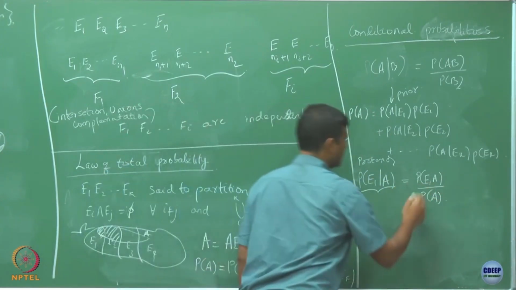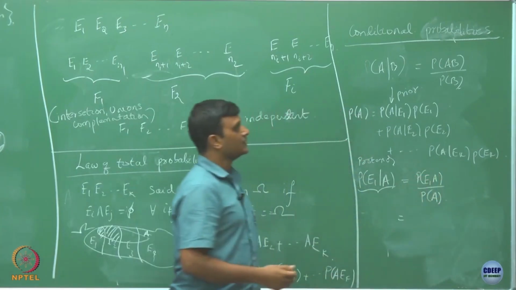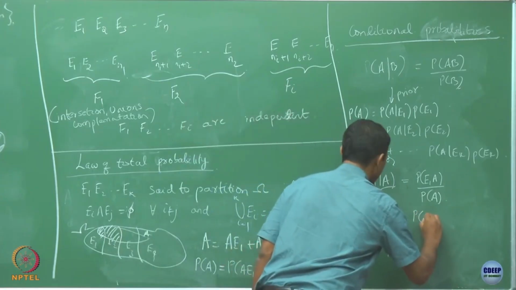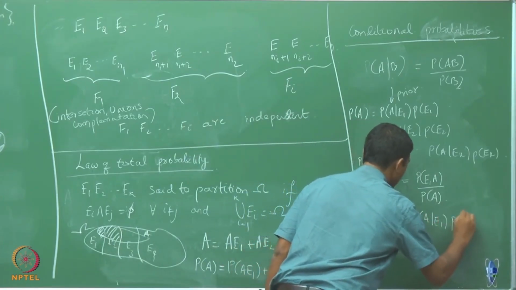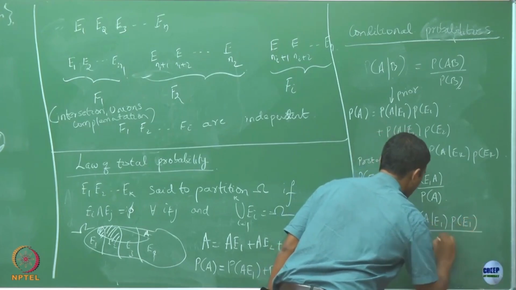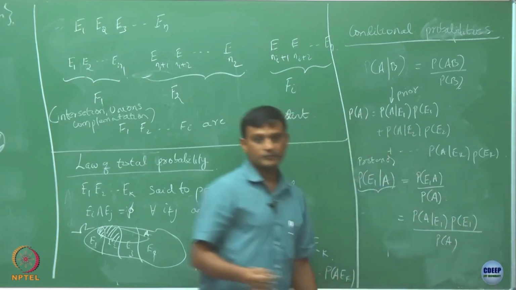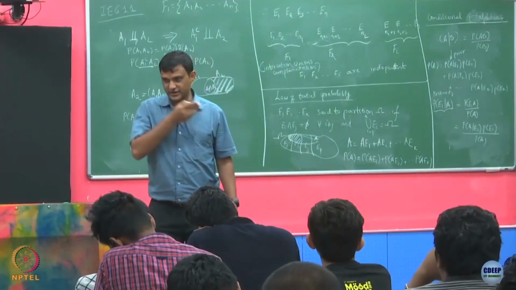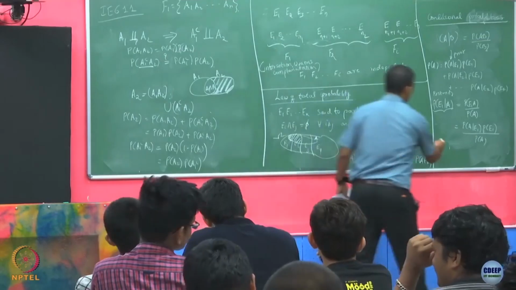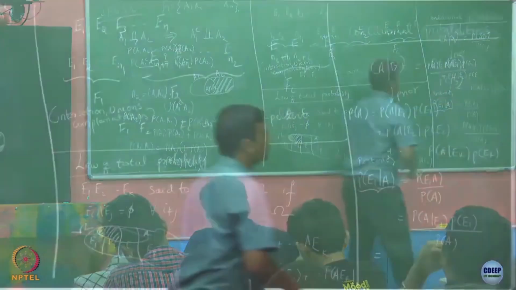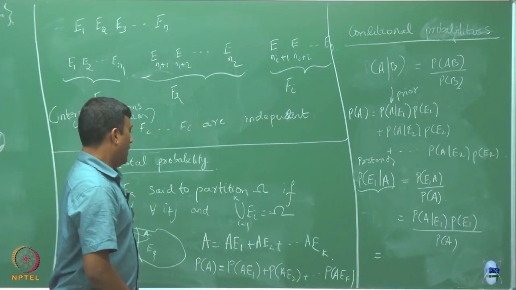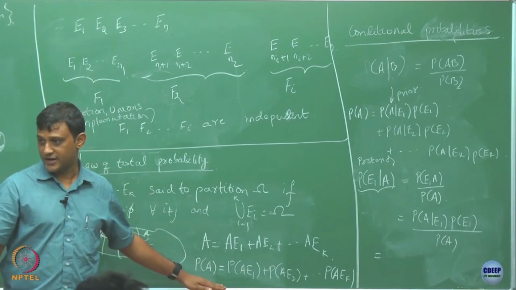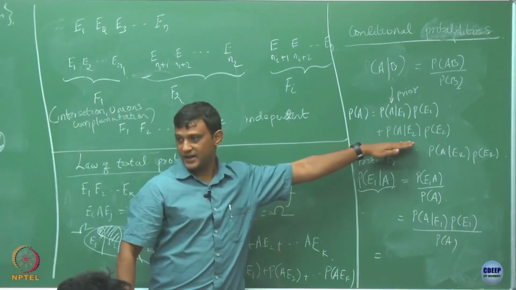But this one I can further apply the definition of conditional probability to express as P of A given E1 into P of E1, and then P of A. And now for this P of A, I am going to use the law of total probability which I have already derived, expressed in terms of conditional probability.